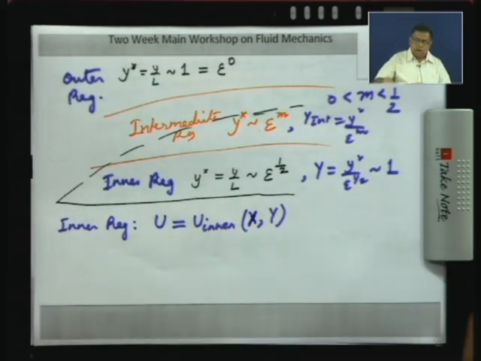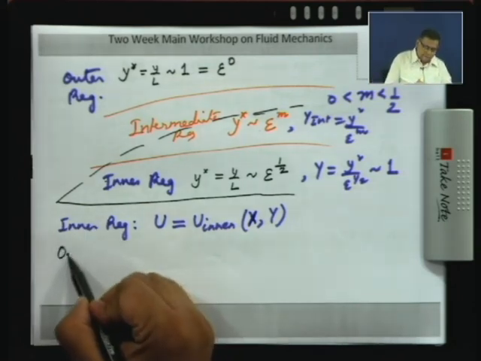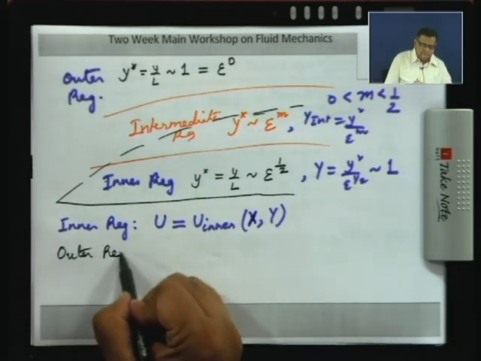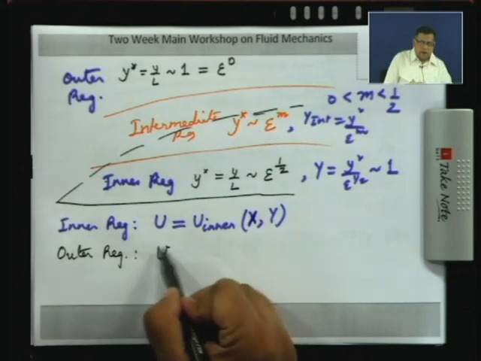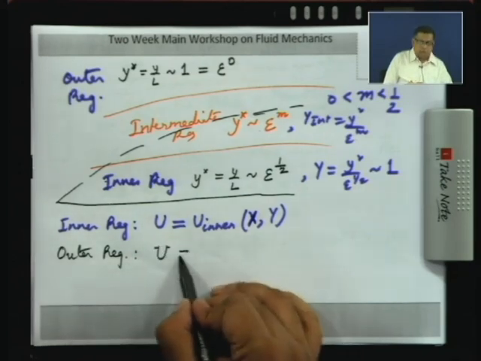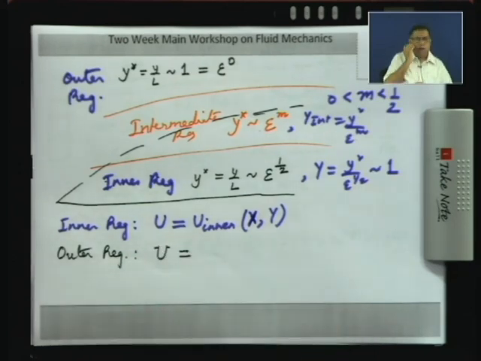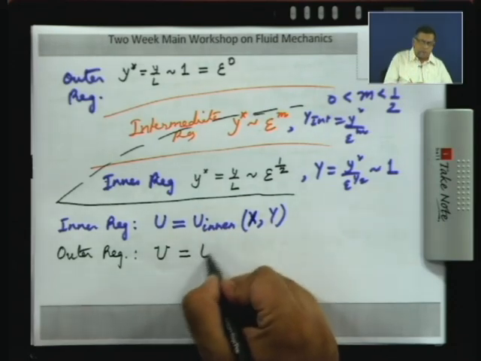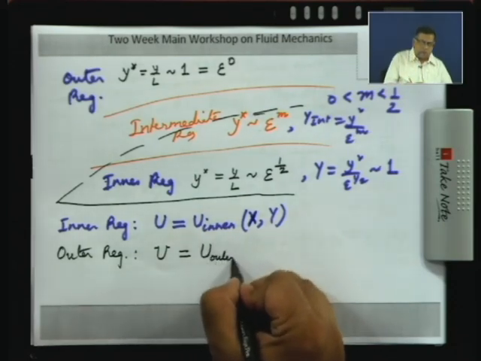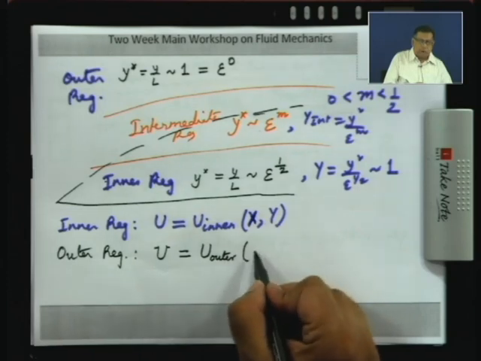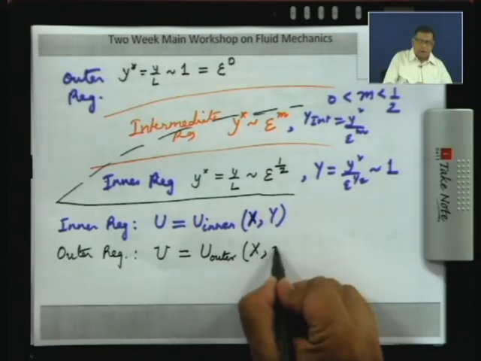Now, in the outer region the non-dimensional velocity u is obtained by solving the potential flow equations, which I will denote by this function u outer of, now the order 1 coordinates here are x and y star.